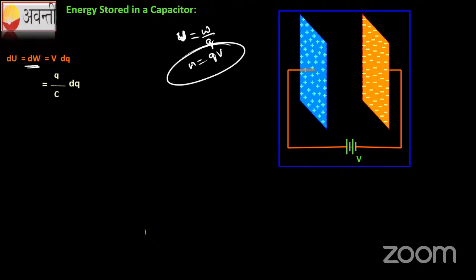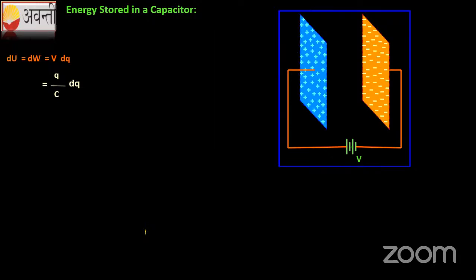Correct? Suppose here there is a small charge, meaning dq amount of charge is stored on this plate, while the total charge was Q. To store dq amount of charge, dw amount of work has to be done.